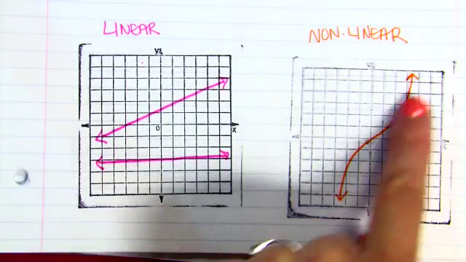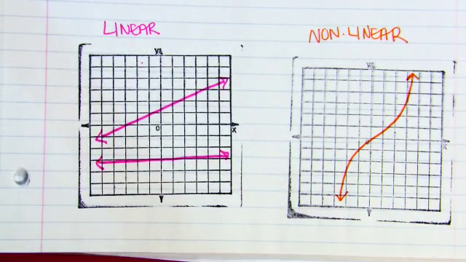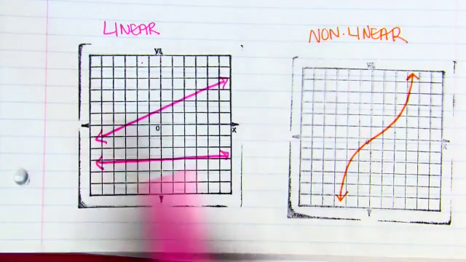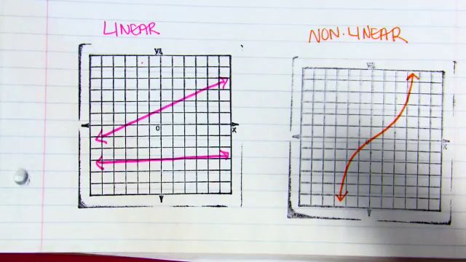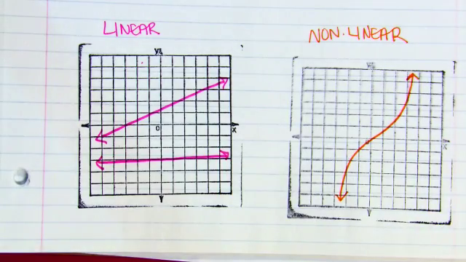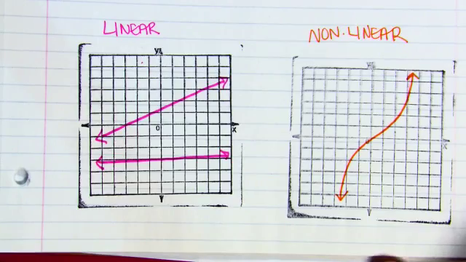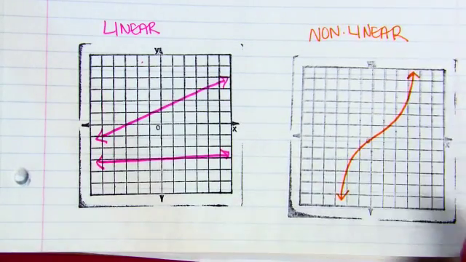This graph has a curve in it. This is nonlinear. Something you can do with your tables, if you're not sure from a table if you have a linear function or not, is you can plot the points. If the points make a straight line, then you have a linear function. So it's pretty obvious when we're talking about linear versus nonlinear from the graph and from the table.